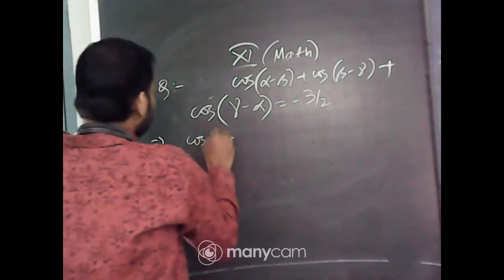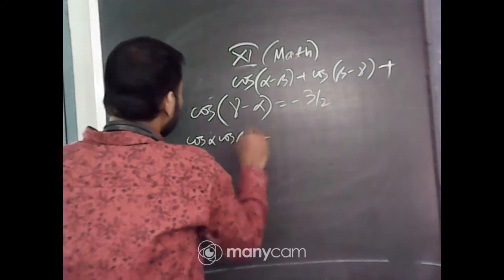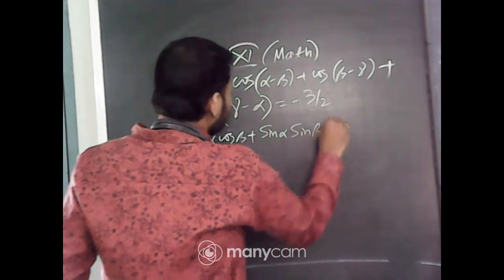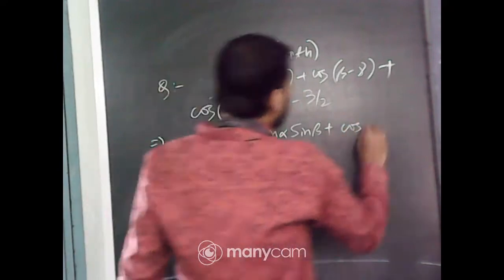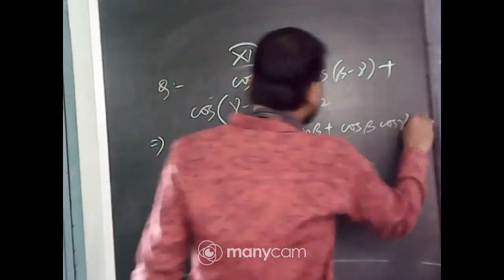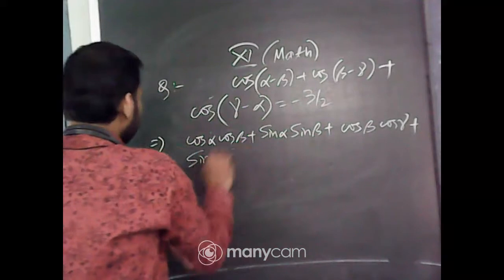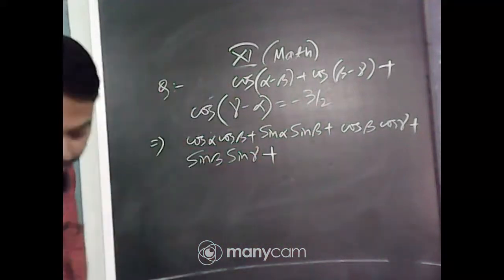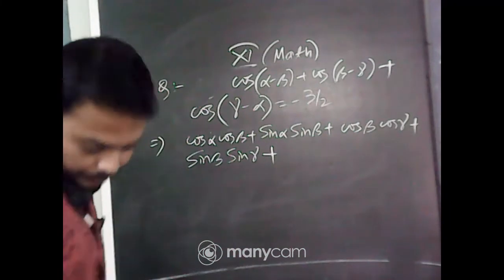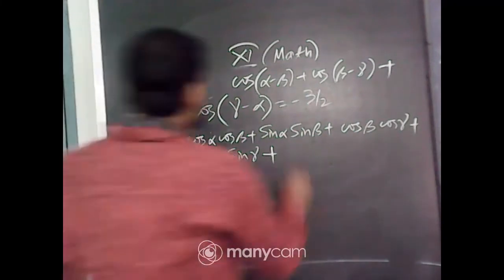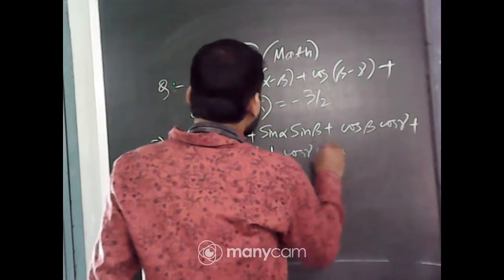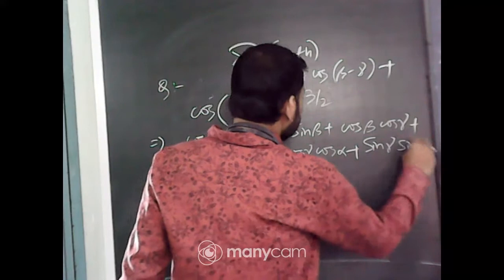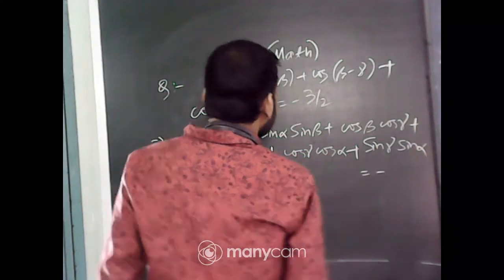It will be cos alpha cos beta plus sin alpha sin beta, then cos beta cos gamma plus sin beta sin gamma, plus cos gamma cos alpha plus sin gamma sin alpha equals minus 3 by 2.